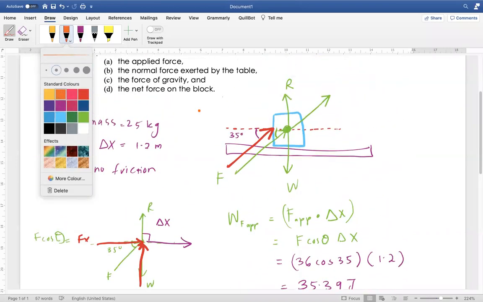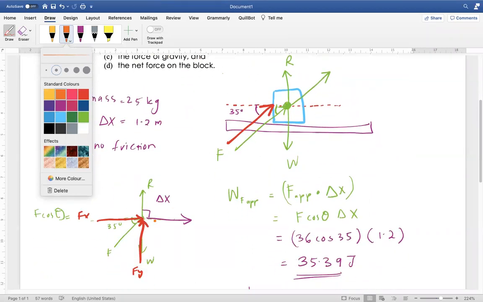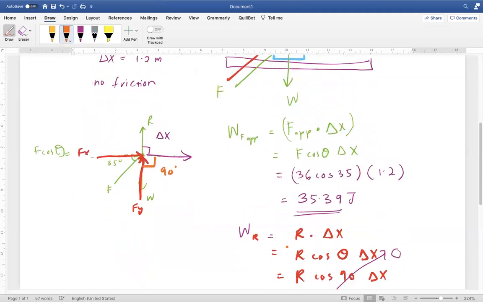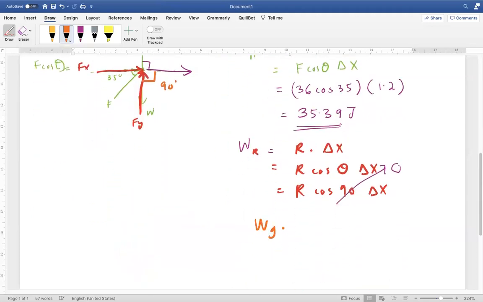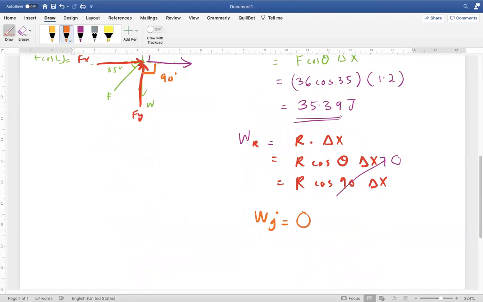Let's do the force of gravity, same thing. Displacement is this way, but the angle between these two is 90. So the work done by the force of gravity is also zero. Yay. That makes my life easier. Then it's asking for the work done by the net force on the block. Previously we've seen that W total is F net dot product with delta x.